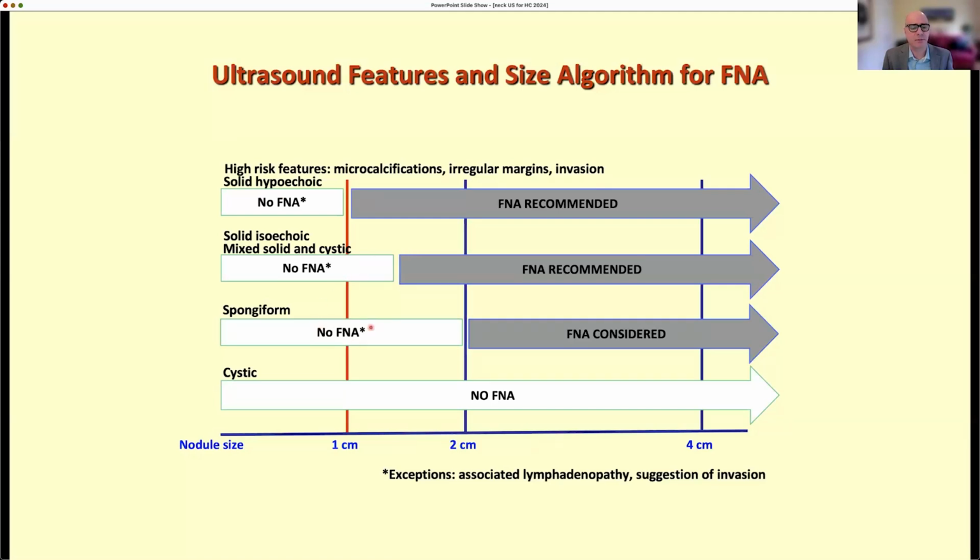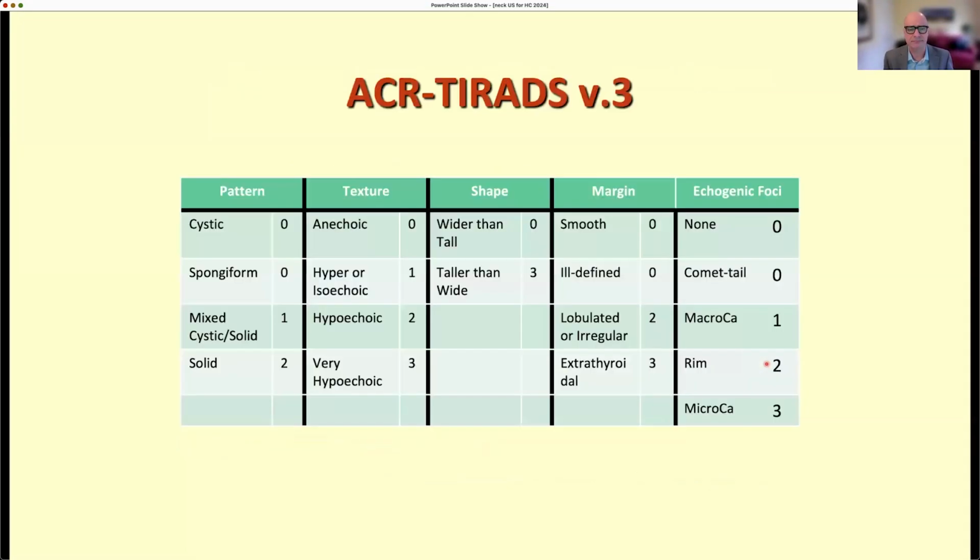If they're spongiform, they don't recommend an FNA until it reaches 2 centimeters. And when it's over 2 centimeters, they say maybe you can consider it, no strong recommendation. If they're cystic, never do an FNA.